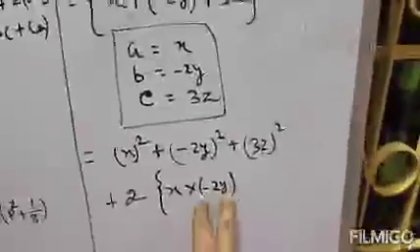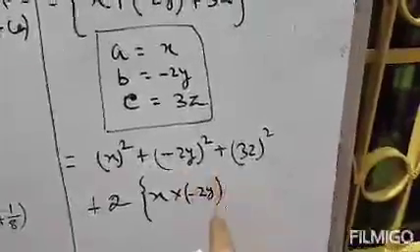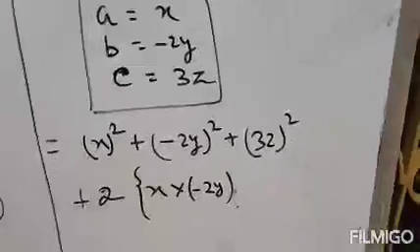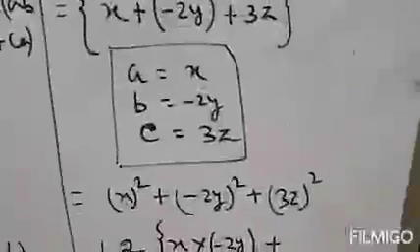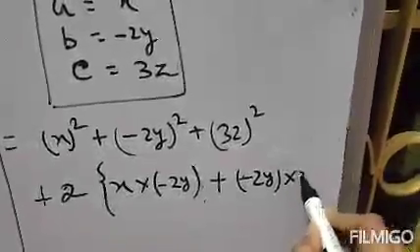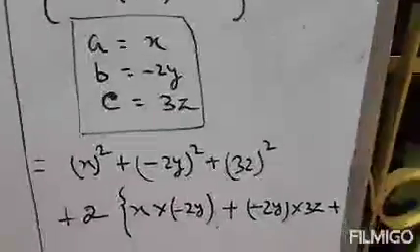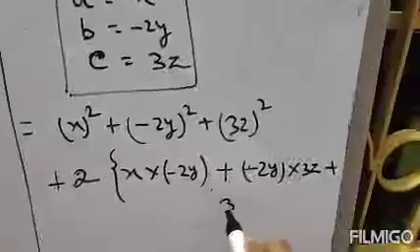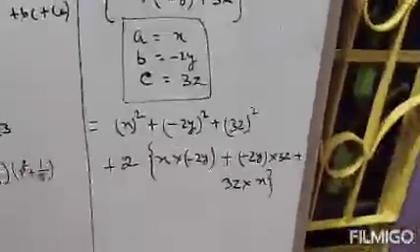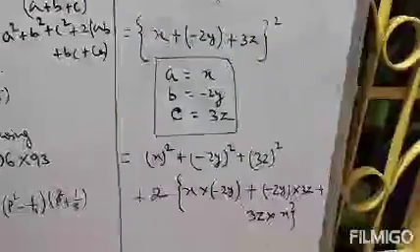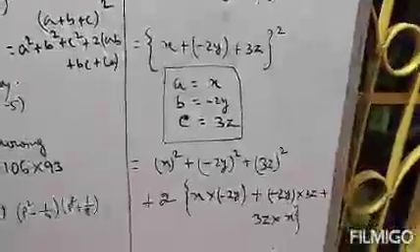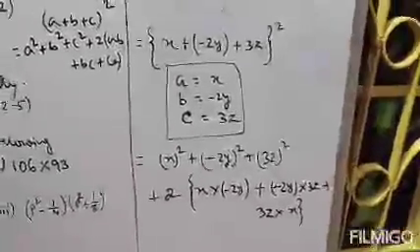Always put brackets while writing a minus sign. So this is ab, a is x and b is minus 2y, plus bc, b is minus 2y and c is 3z, plus ca, c is 3z and a is x.